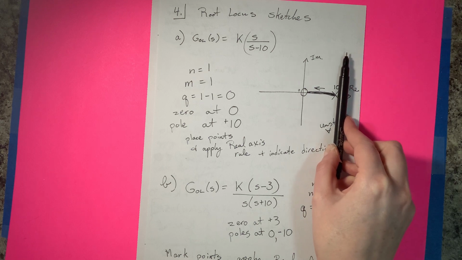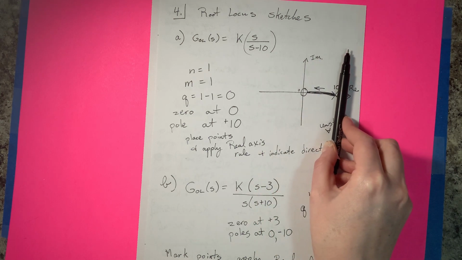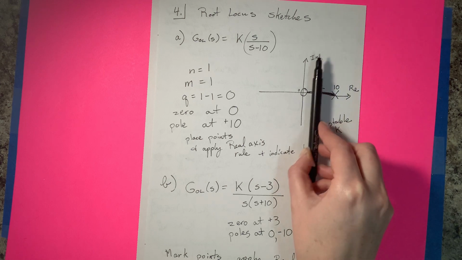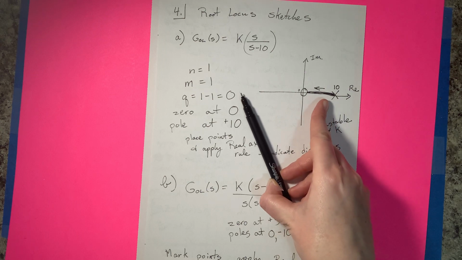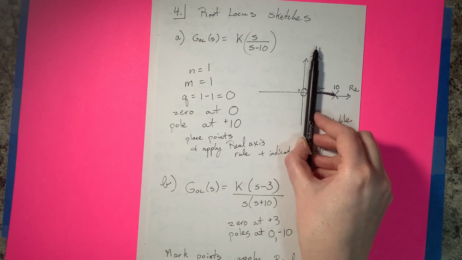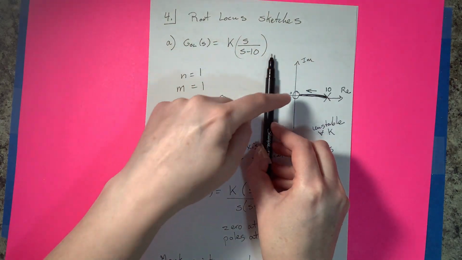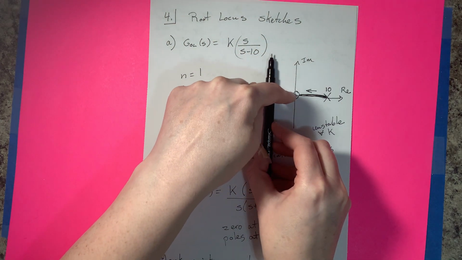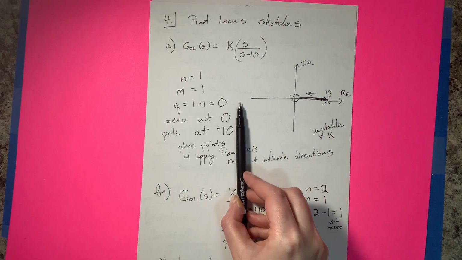Anytime it's odd, we fill in the branch. So we have 0 elements, then once we move past the 10, we have 1. That's odd, so we fill in the branch. So this becomes bolded until we pass the 0, and then it's even, because looking rightward we have 2 elements, the 0 and the pole. And so nothing gets filled in past that point.